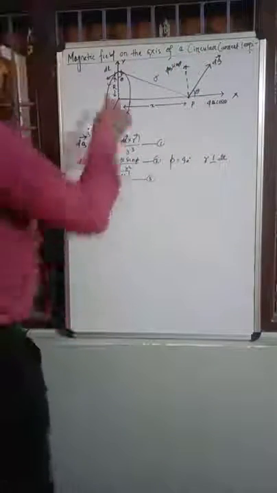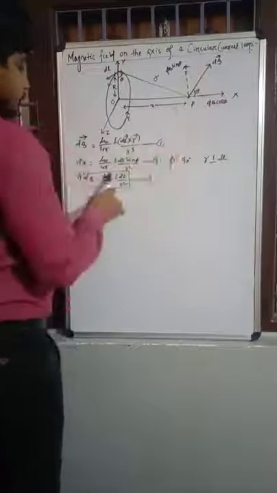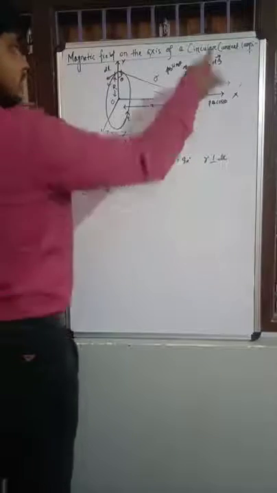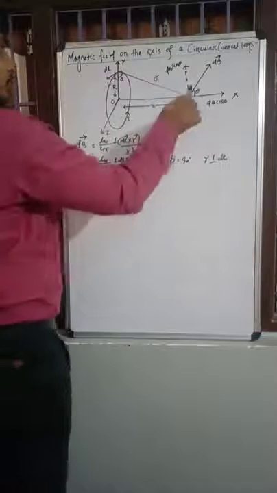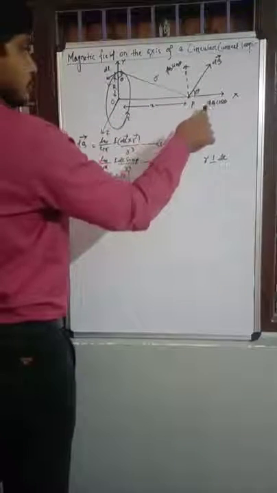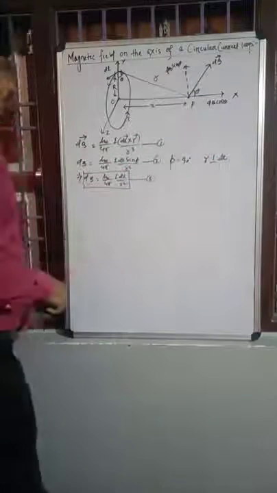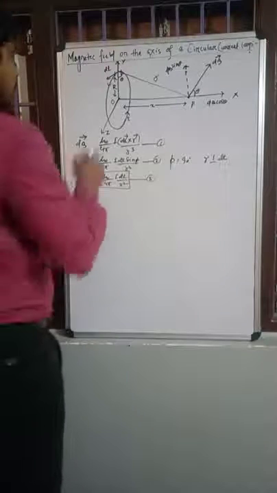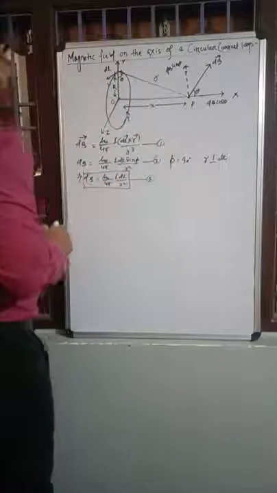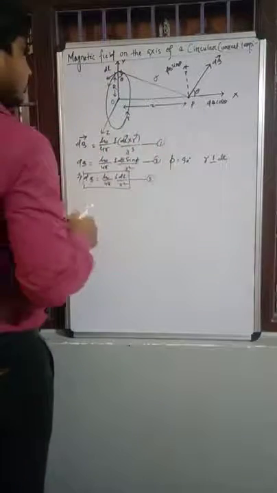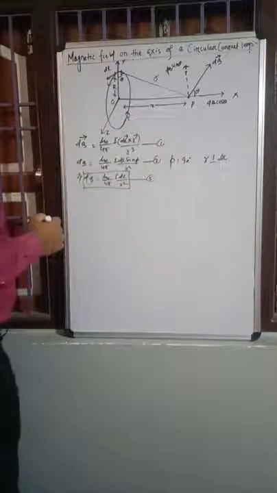Okay, so due to this current element dl, we have the magnetic field dB whose magnitude is mu naught by 4 pi I dl by r square, which is directed perpendicular to the position vector r, and at this point P, the dB is resolved into two components, the horizontal component and the vertical component, dB cos theta and dB sin theta. And you can also see that this is a right angle triangle, and the value of r square is x square plus R square from Pythagoras theorem.